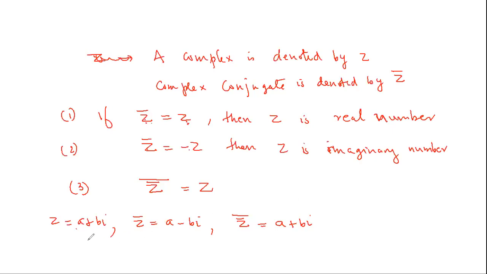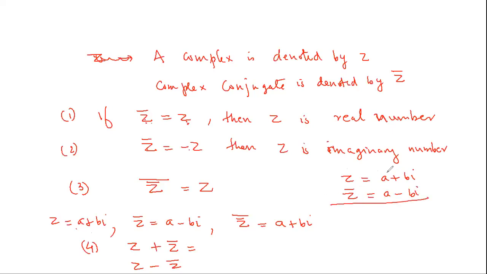Property number 4. If you add a complex number with its conjugate, what will you get? If you subtract a complex number with its conjugate, what will you get? Imagine Z is a plus bi, Z bar is a minus bi.